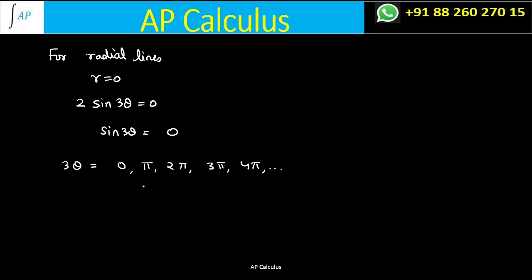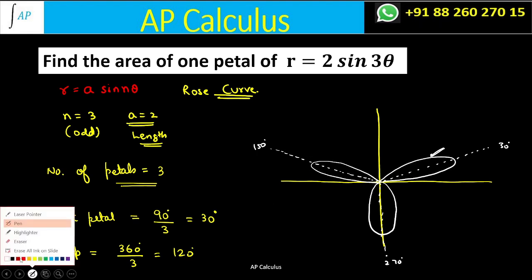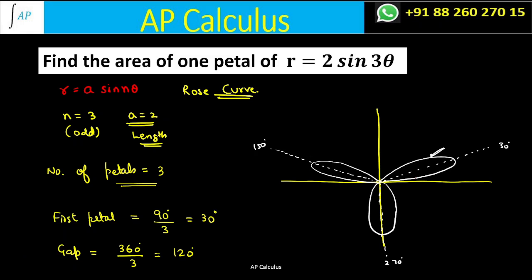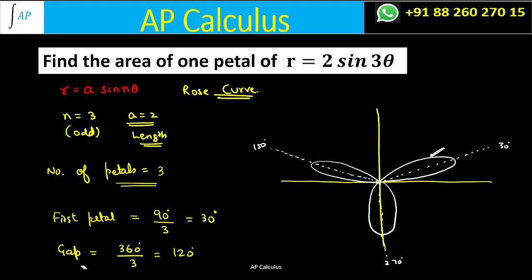If you divide all the angles by 3, theta will be 0, pi by 3, 2 pi by 3, 3 pi by 3 which is pi, 4 pi by 3, and so on. 0 means the first radial line, which is along the x-axis.